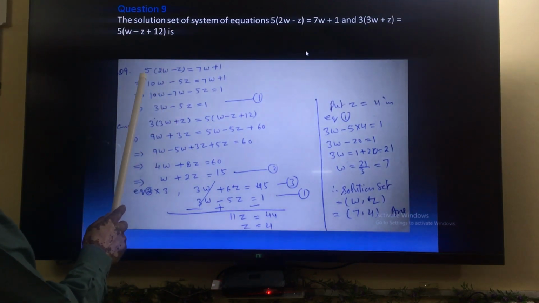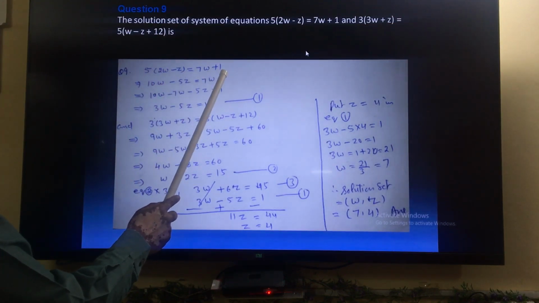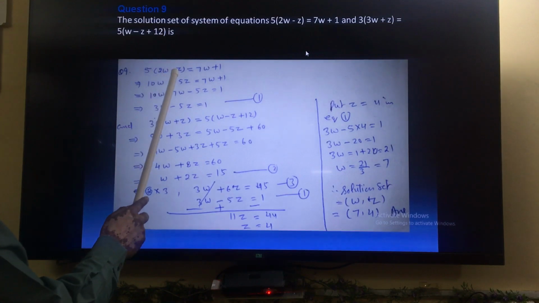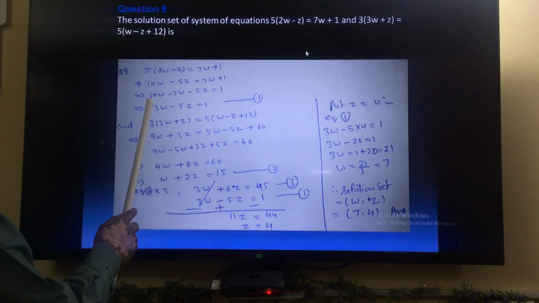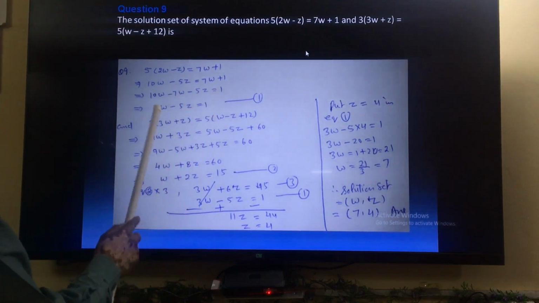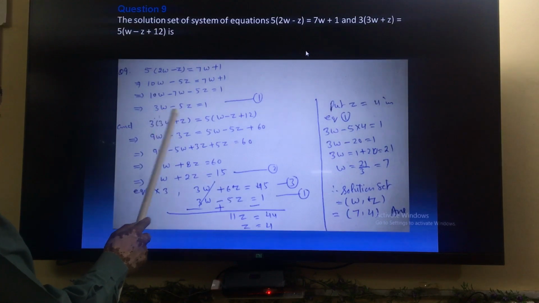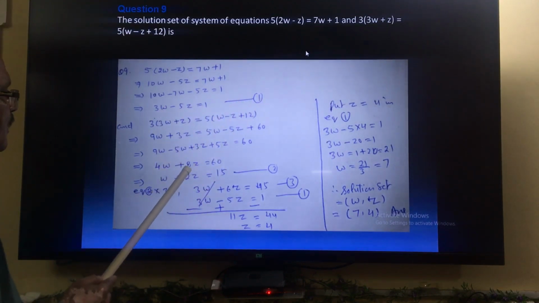So the first equation is 5(2w minus z) is equal to 7w plus 1. So 10w minus 5z is equal to 7w plus 1. Now 10w minus 7w minus 5z is equal to 1, so we will get 3w minus 5z is equal to 1. This is our first equation after simplification.